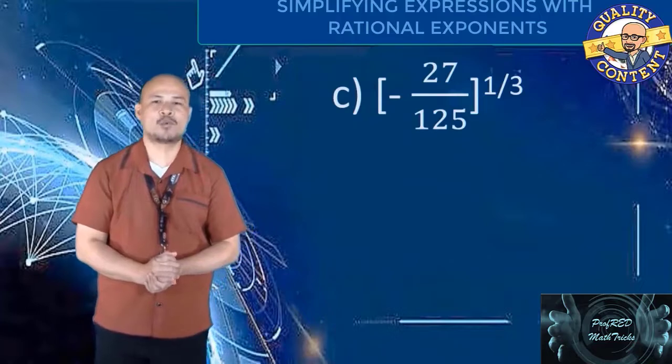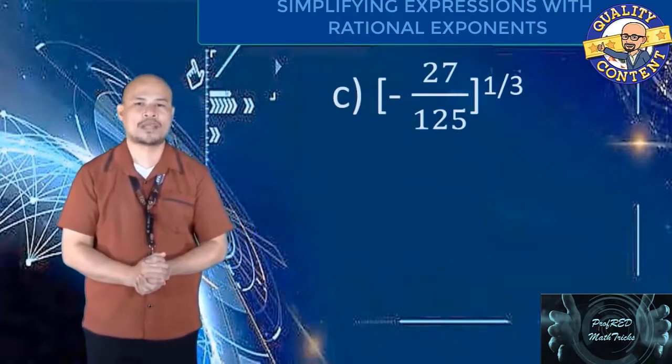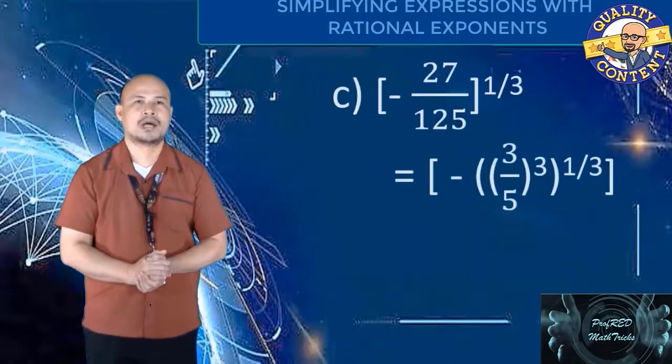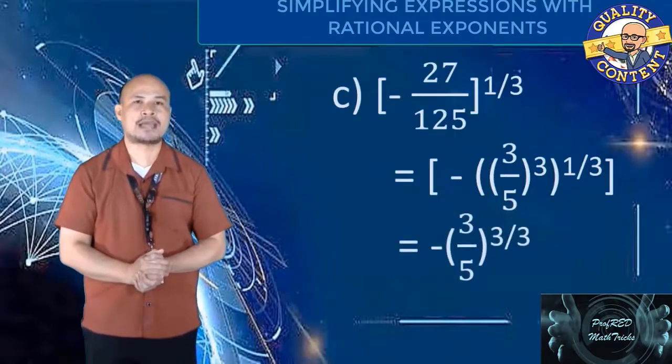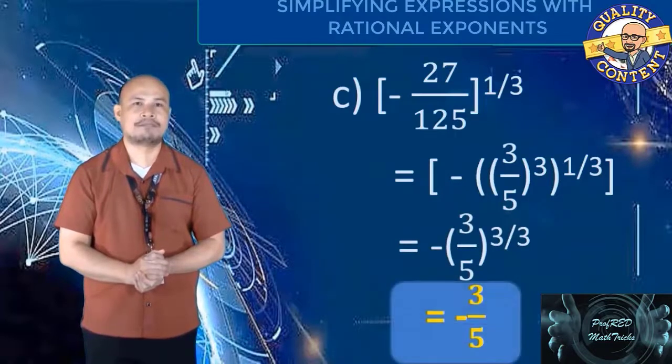Quantity negative 27/125 raised to the power of 1/3 equals quantity negative 3/5 cubed raised to the power of 1/3 equals negative 3/5 raised to the power of 3/3 equals negative 3/5.